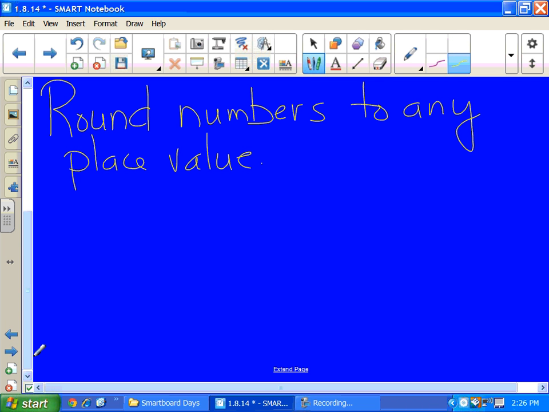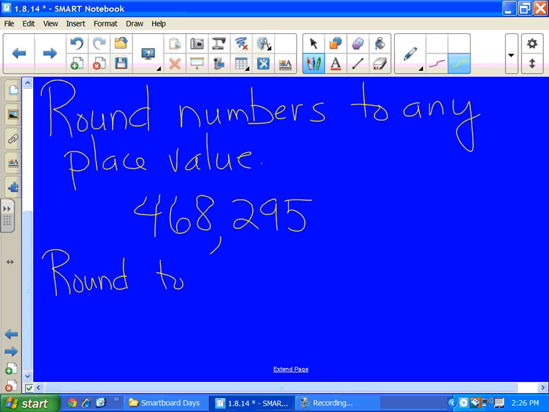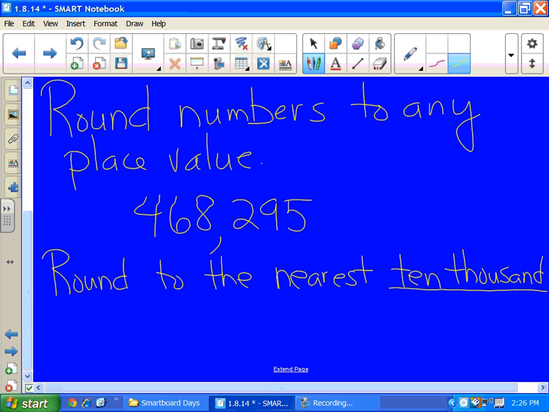If we have the number 468,295, and I wanted you to round to the nearest 10,000, and that's what's important. Focus on what place value we are rounding to: the nearest 10,000.